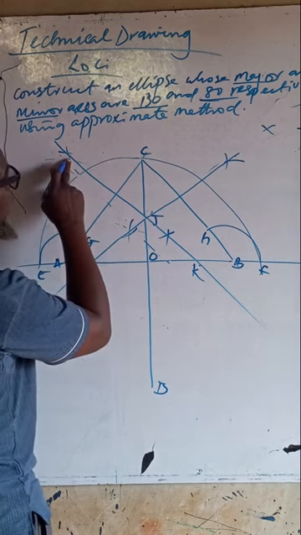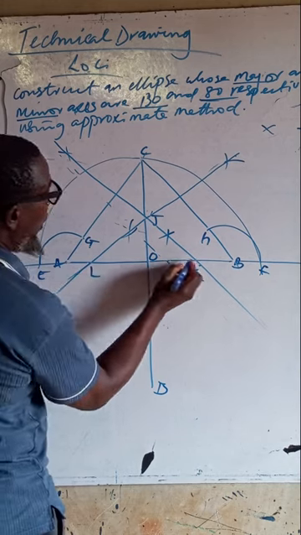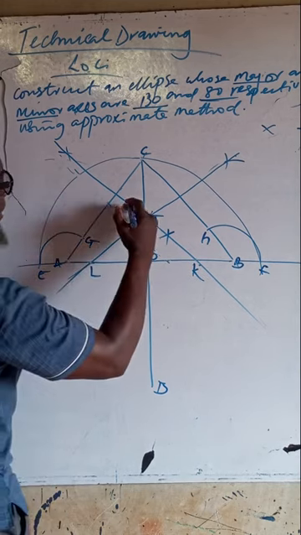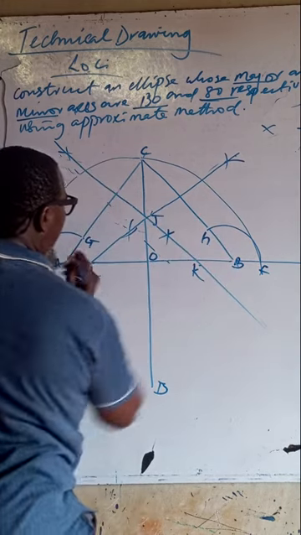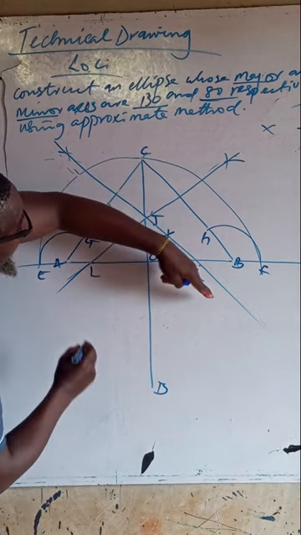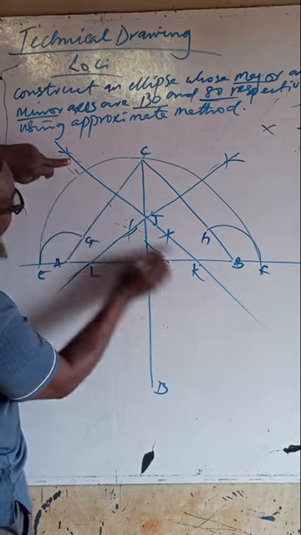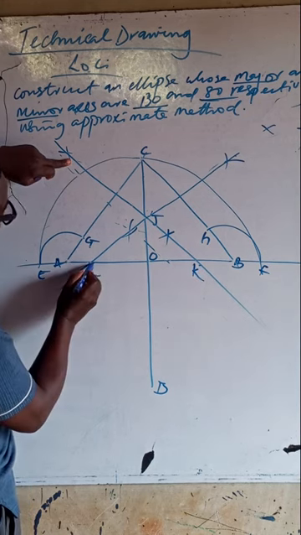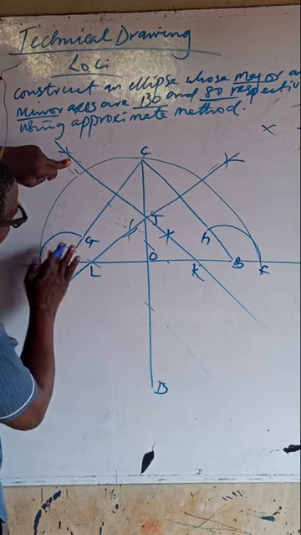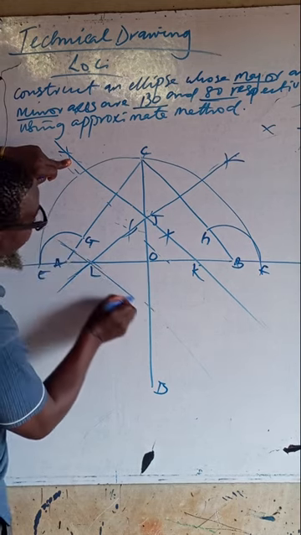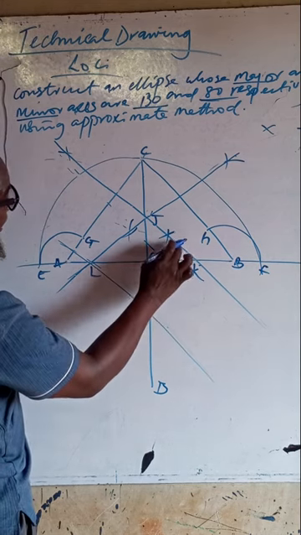Now this first bisector, you transfer it to this L. This bisector here, you move this line to L. Let's say this line that has K, you move it to this side. That is this line.